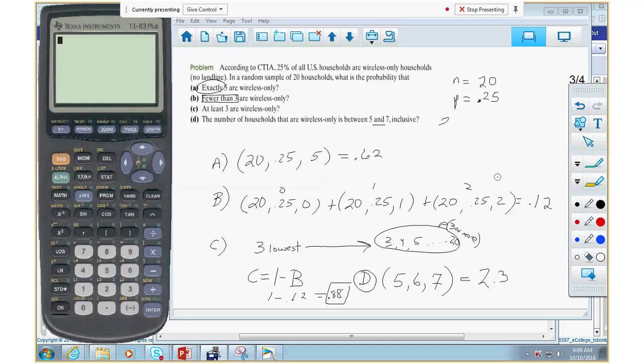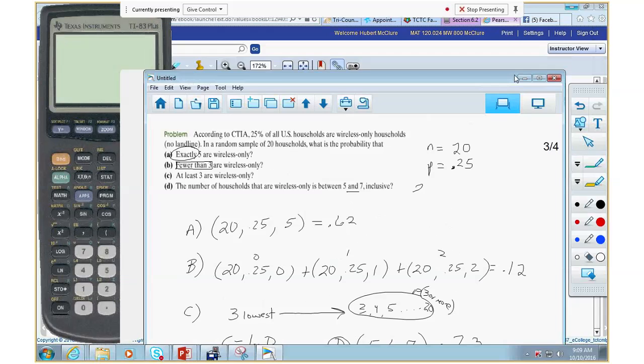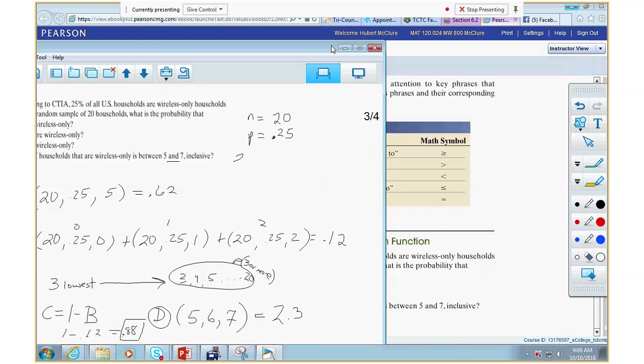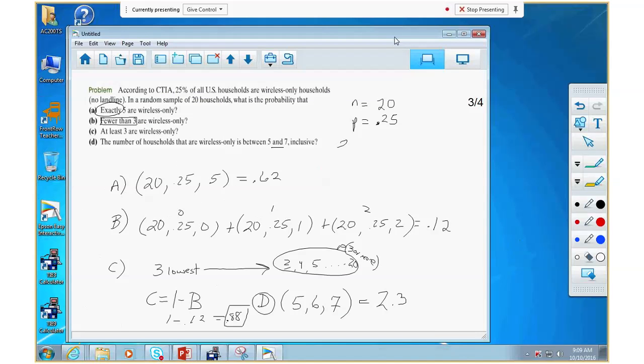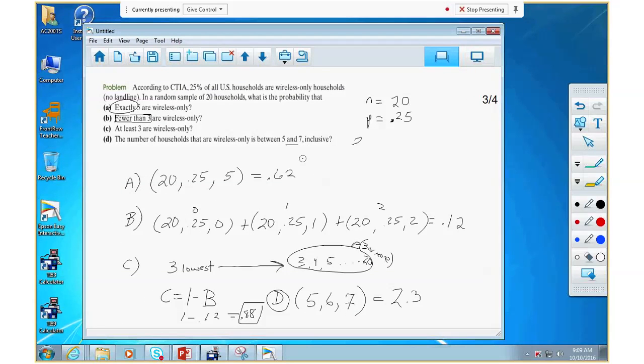So that would be alpha C minus alpha B, alpha A. Let's see what they did, because the question is very vague. I was good up until the last question, because they shouldn't put a comma and say inclusive with a question mark. They should put parentheses and say inclusive, because that makes it very ambiguous.